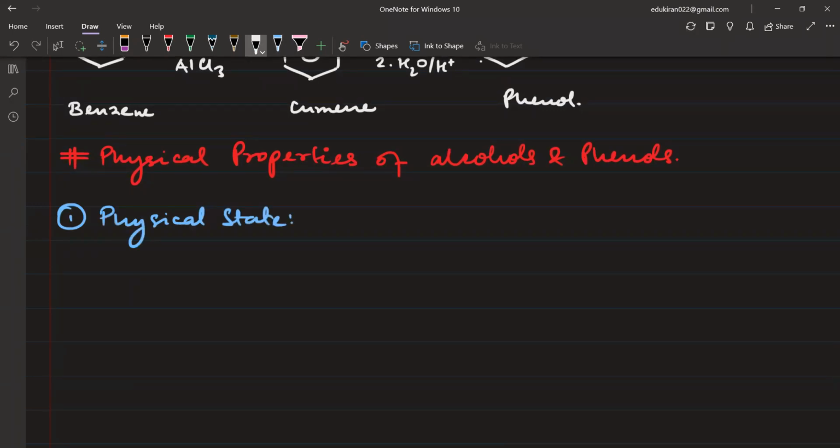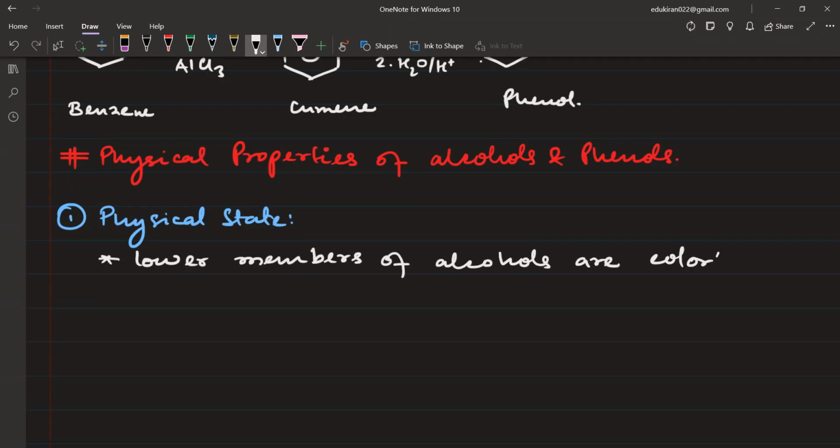And for physical state, you write: lower members of alcohol are colorless liquids with characteristic smell.